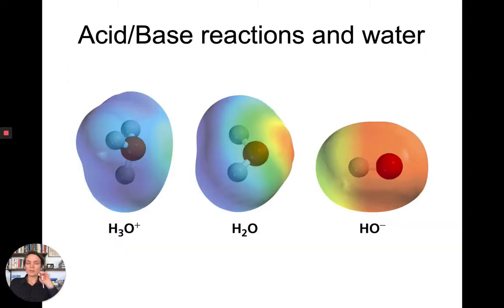So all of the reactions that we're studying in this chapter are taking place in water, and as you could see from that last slide, there is a direct relationship between hydrogen ions, hydroxide, and the pH scale where we measure acidity and alkalinity of something.